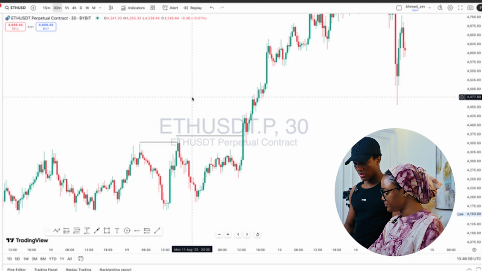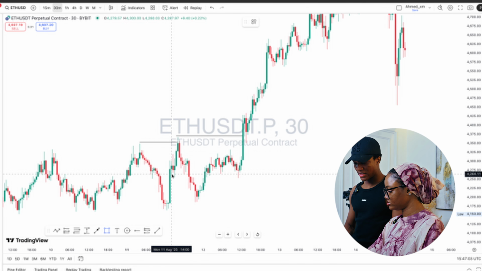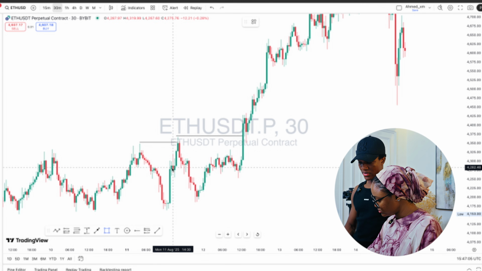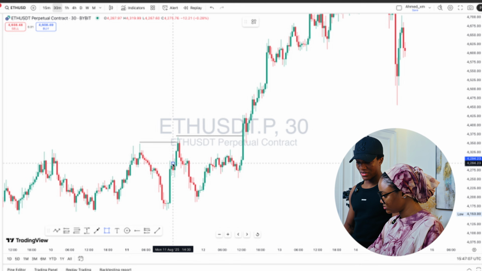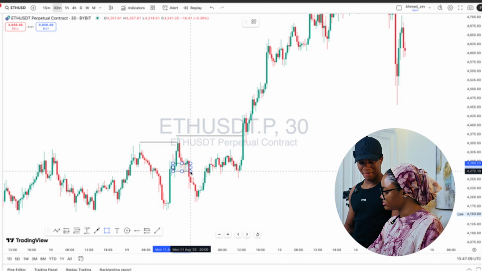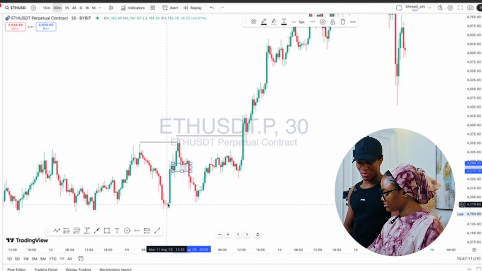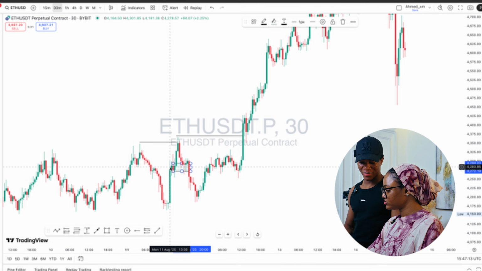Yes. Good. And in this block of structure, where is the last red candle? This is the last red candle, right? On a normal day, you're supposed to draw your order block here. But you know you won't do that. Why? Because there's one impulsive candle that appears here that gives this what? Imbalance.